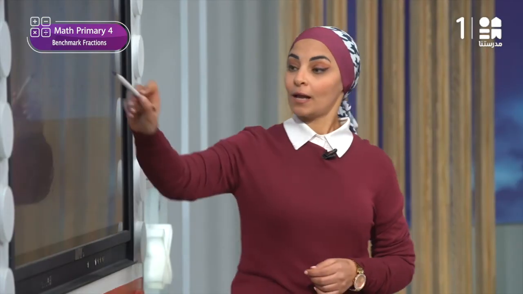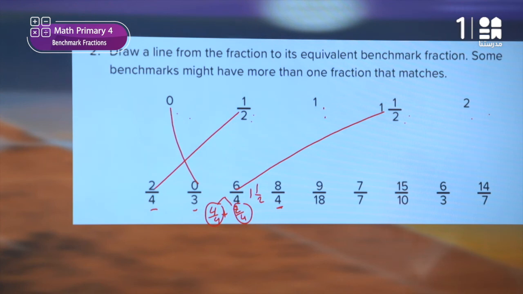And then here I have the fraction 8 over 4. 8 divided by 4 equals what? Yes, 8 divided by 4 equals 2, so I will match it with 2.